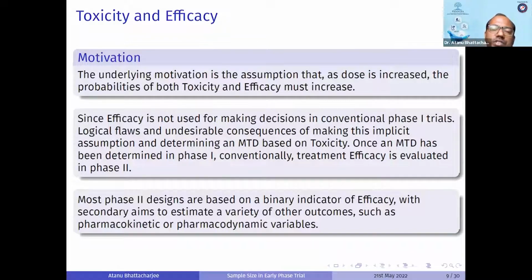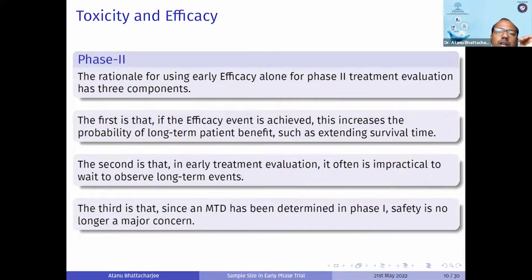Most phase 2 designs are based on a binary indicator of efficacy, with the secondary aim to estimate a variety of outcomes such as pharmacokinetic or pharmacodynamic variables. The rationale of using only efficacy for phase 2 treatment evaluations has 3 components. The first component is to increase the probability of long-term patient benefits, such as extended survival time.